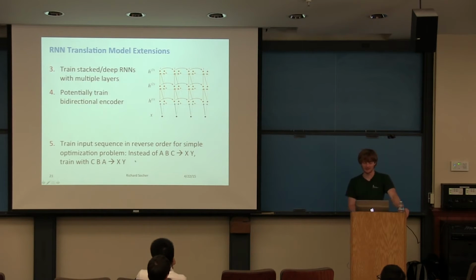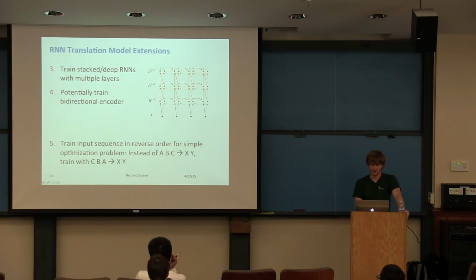What does that gain us? Well, oftentimes for simple language pairs such as English-French, they're well aligned, and so C is more likely to be translated to Y. Now this is basically a deep recurrent neural network, and despite all the various tricks that we'll introduce here for dealing with vanishing gradient problems and such, it is still a much easier problem if your output is here and the input that determines that output is close to the network, and so close to the actual error messages that you get.